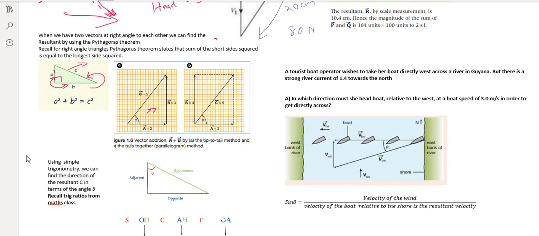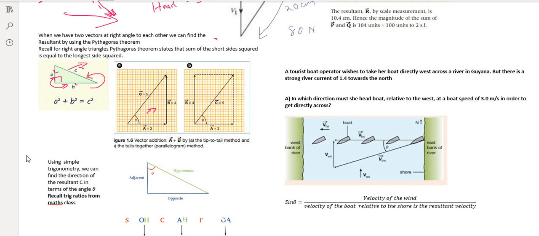So a squared plus b squared is equal to c squared. We can use this approach to find the magnitude of the hypotenuse, or the long side, or the resultant of the vector.